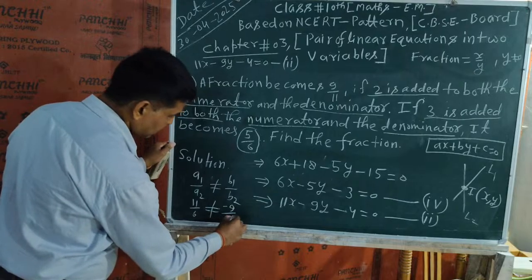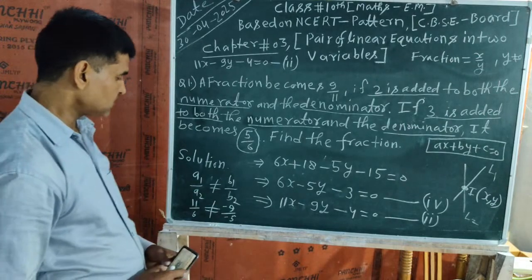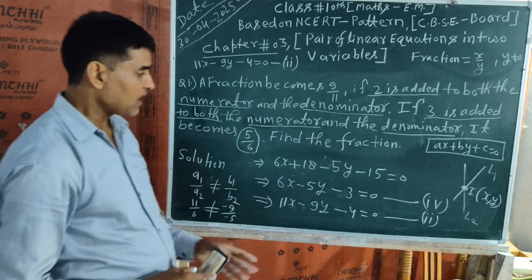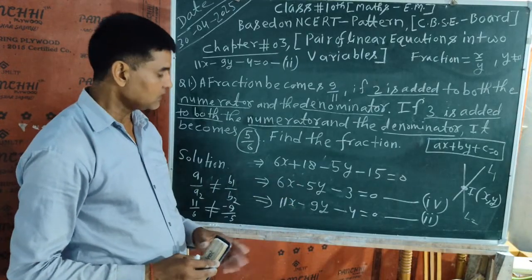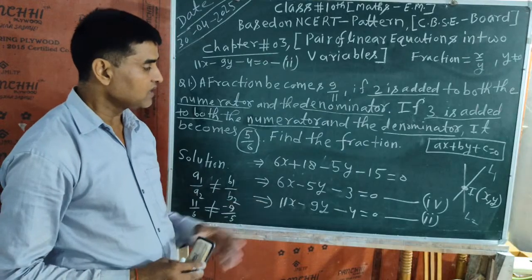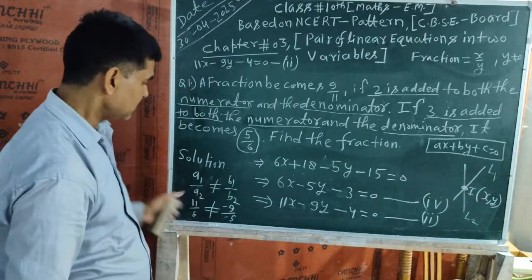According to this information, these two ratios are not equal to each other. It means that both lines intersect at a certain point, so there will be a unique solution. In other words, there exists a unique solution.